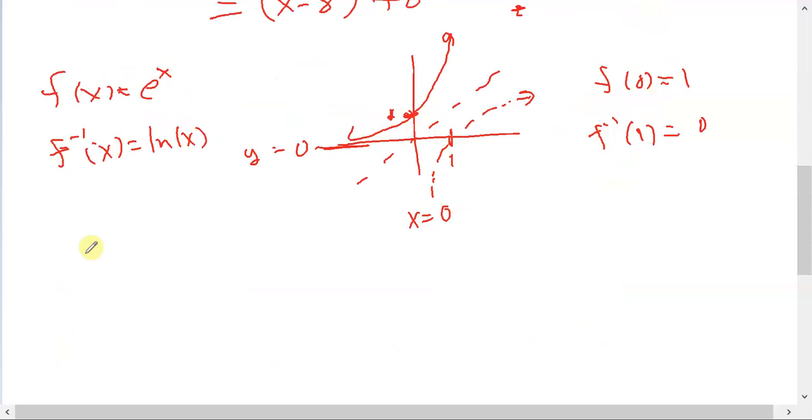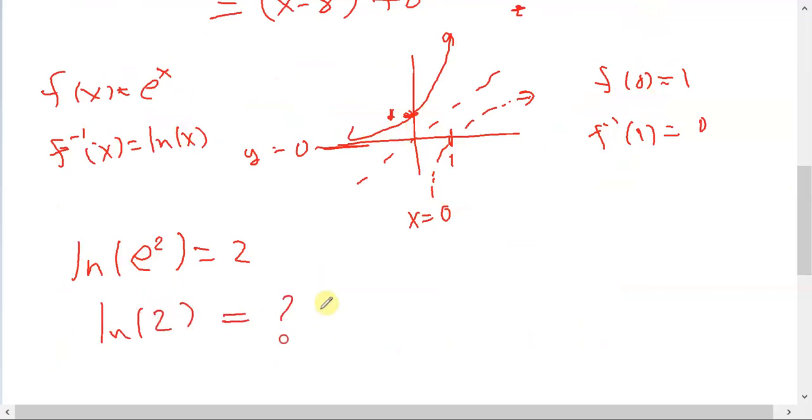We can evaluate things nicely for natural log as long as they're powers of e. So if I want to evaluate natural log of e squared, that's an easy problem because it's natural log of e squared, the f inverse of f, and all I get is the 2. It's not so easy to evaluate it at 2 because I don't know what it takes for e to give me 2, because e itself is 2.71828, so I don't know what power to raise it to end up being 2.